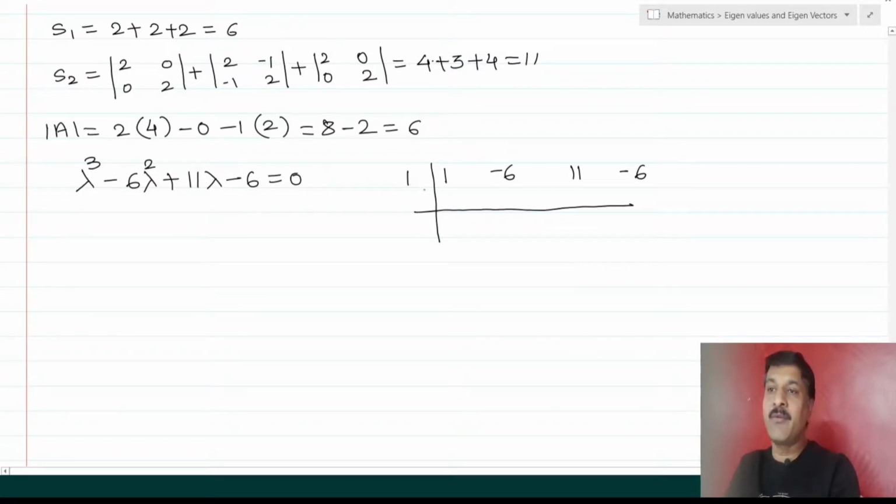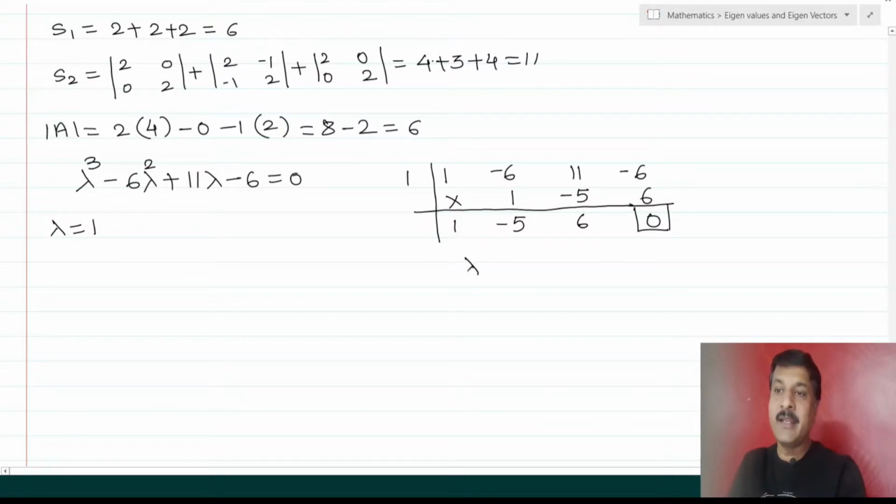You try for 1. So 1 into 1, I get 1. So minus 5; 1 into minus 5 gives minus 5. And 11 minus 5 addition is 6. So 6 into 1 is 6. So here I get 0. It means that this is the first root, lambda equal to 1.